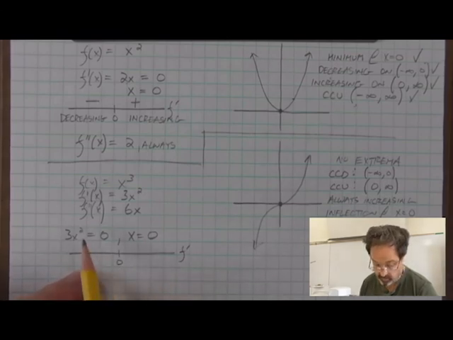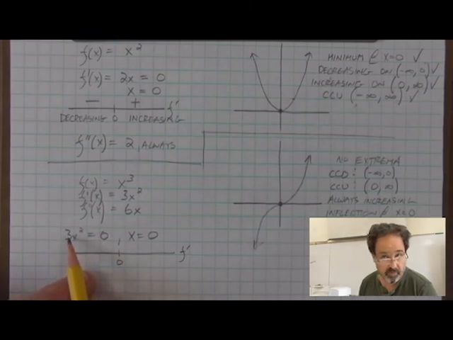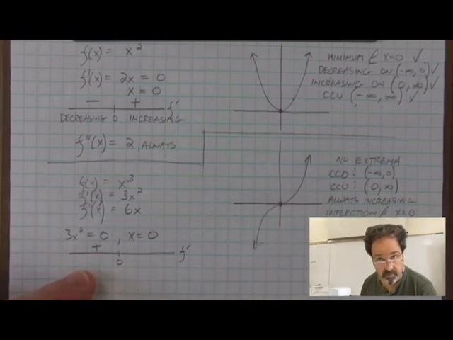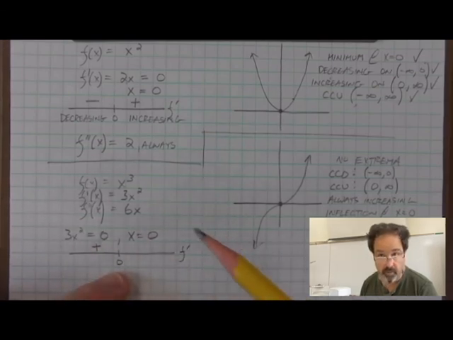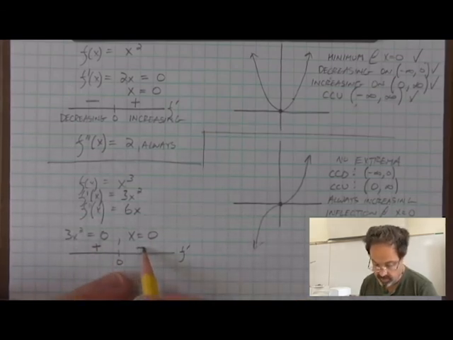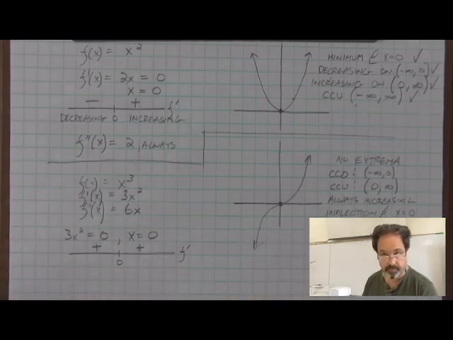Put in -1 to the equation, and it squares, becomes positive, multiplies by 3, and stays positive. So the sign of the derivative before 0 is positive. Put in any negative number, still get a positive derivative. Afterwards, after 0, I could test a number like +1. Put +1 in, square it, multiply by 3, I get a positive derivative.